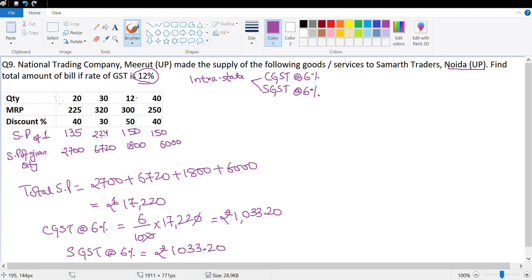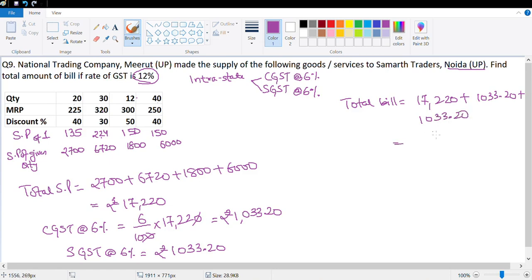We need to find the total bill amount. So total bill will be equal to selling price, in this case 17,220, plus CGST, which is 1033.20, plus SGST, which is 1033.20.